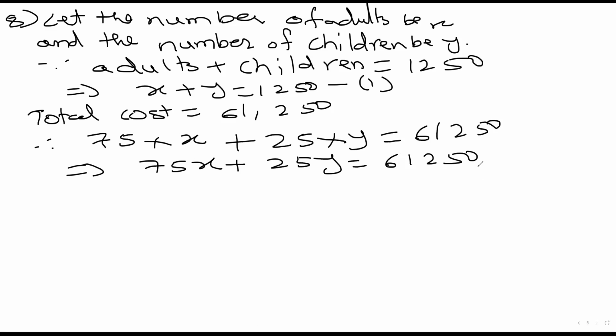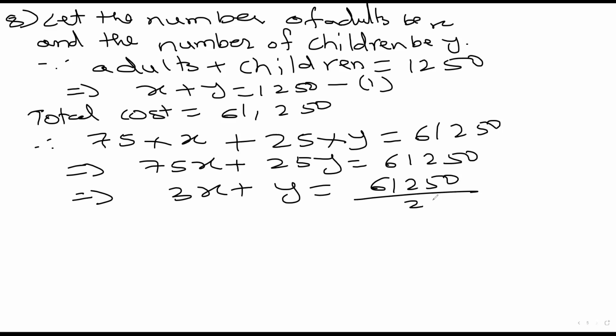Okay, let us check if we can take 25 common. What do we get? So you get 3x plus y is equal to 61250 upon 25. Right? So basically, can you tell me what could be the answer? 61250 upon 25. Sir, I got 2450.